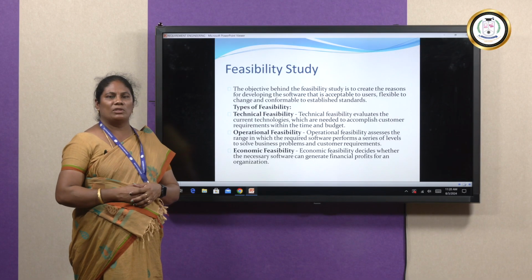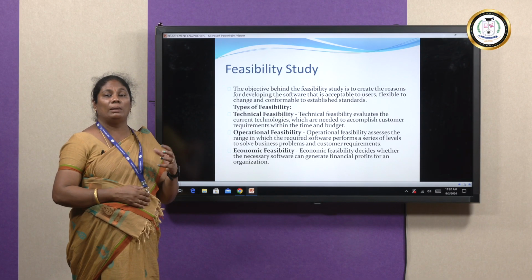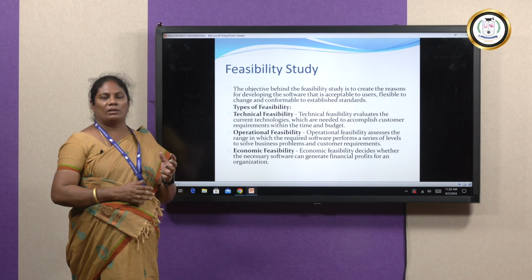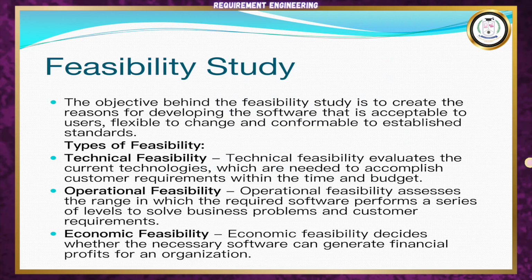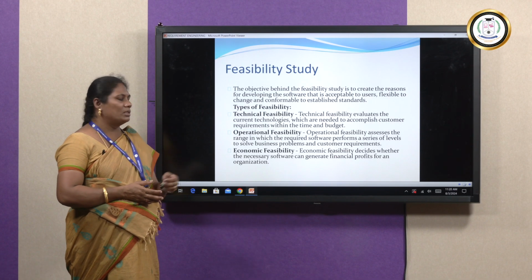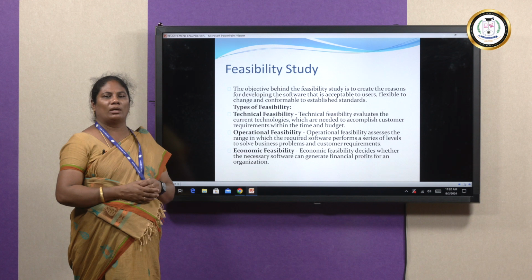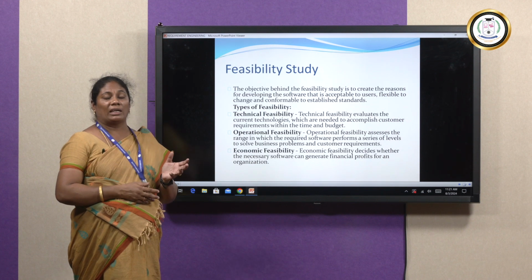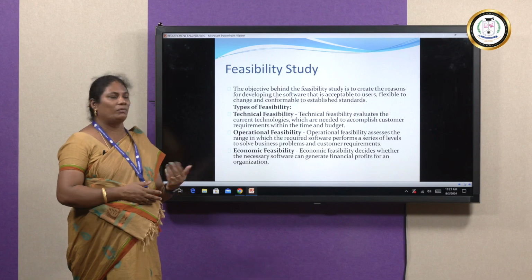Second, operational feasibility means what is the range and the limits of the software. For example, for 5000 lines of code, if you are well versed in that implementation, it is easy to get the output. That is called operational feasibility. Economic feasibility means what is the economic level, what is the budget of the project. That is called economic feasibility.